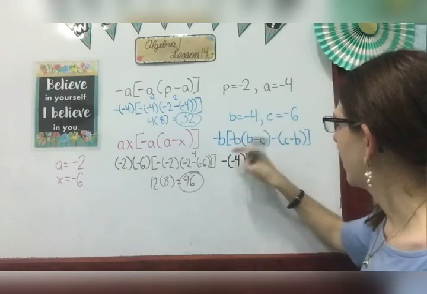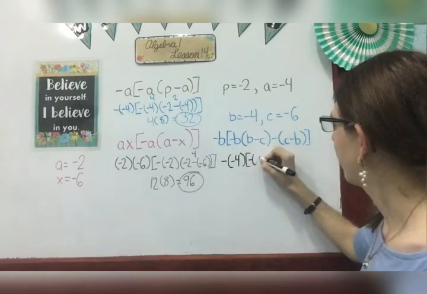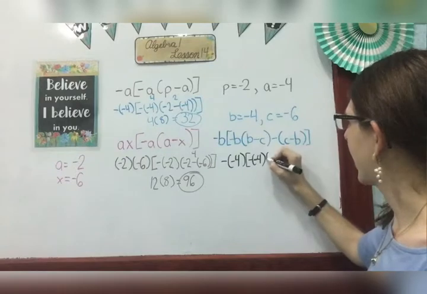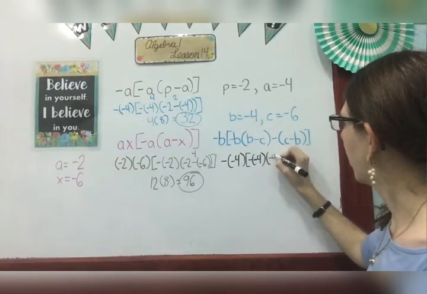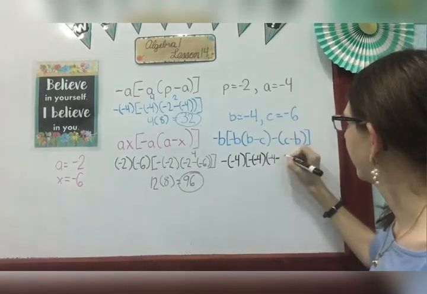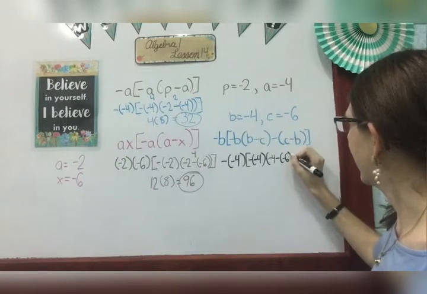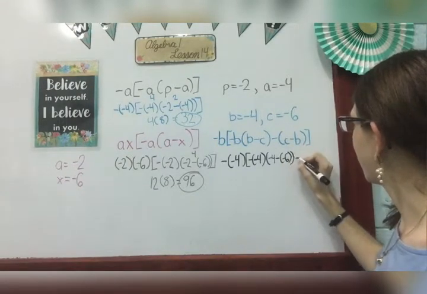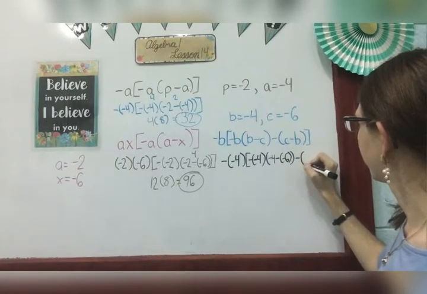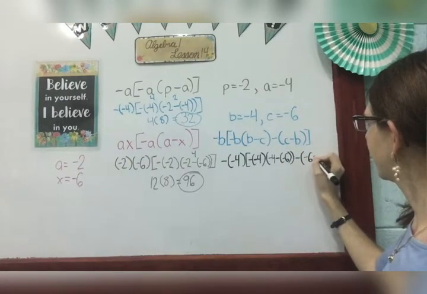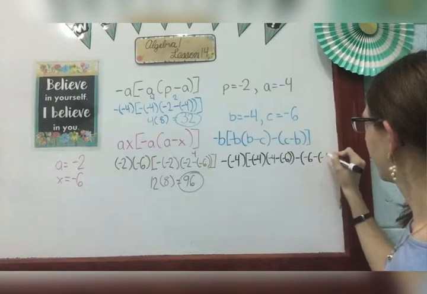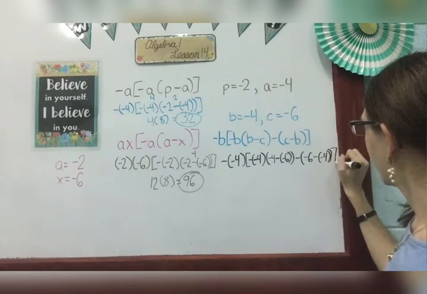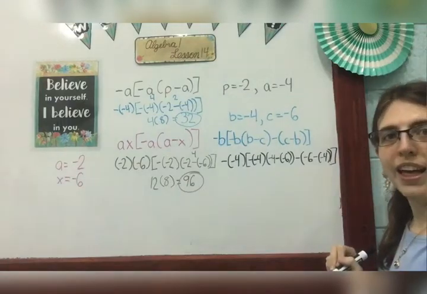Bracket, -4. And I have -4 minus a -6. Put that all in parentheses. Minus a -6 minus -4. Parentheses, bracket. Whew, that's a lot, right?